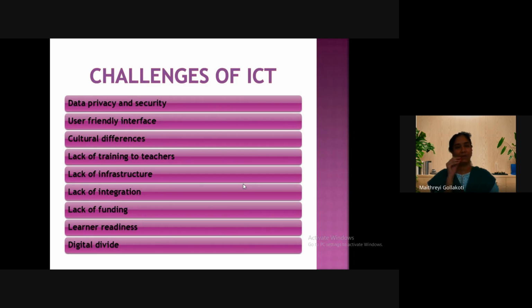Sometimes there might be. And digital divide, as I have already spoken about, is the divide between people who are happy with the technology and who are still reluctant and in the learning phase of technology. But I'm sure this problem can be solved over time.